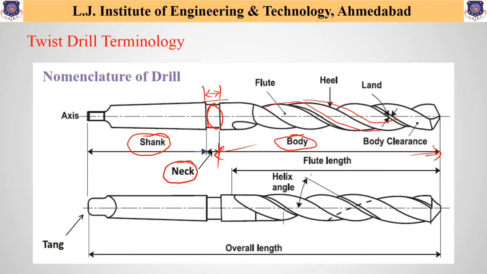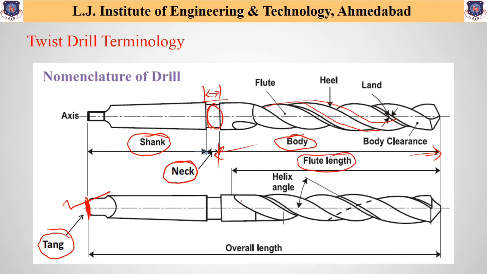Now as you can see from the figure below, our next part is the tang. It is the flattened end of the shank, and the drill bit gets the drive from the spindle through this tang. So keep this in mind, the drill bit gets the drive from the spindle through this tang. Another part shown here is the flute length.